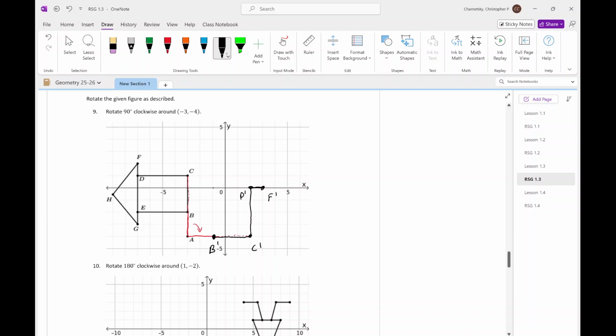E is going to be 4 units above B. G is going to go to the left there. And then H is going to be 2 units and halfway between G and F, so right there. And there is our rotated 90-degree arrow.